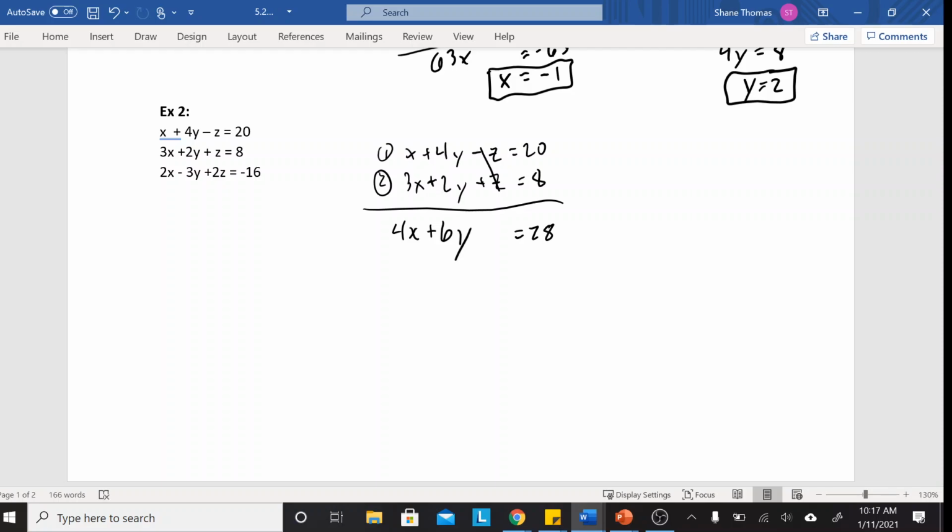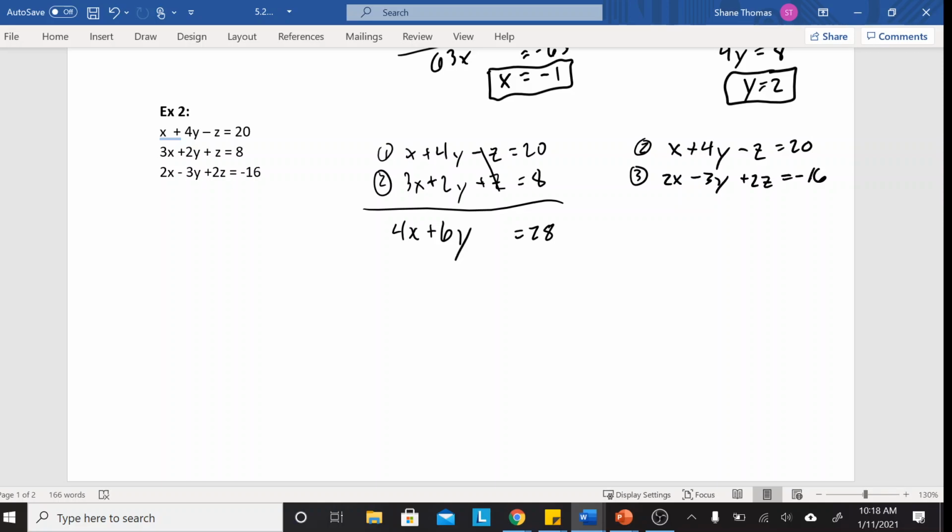Now let's take equations 2 and 3. Actually, 1 and 3: x plus 4y minus z equals 20, and 2x minus 3y plus 2z equals negative 16. All right, I eliminated z in the first one, giving me an equation with x and y.